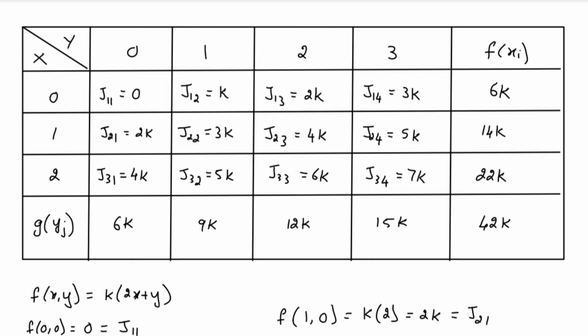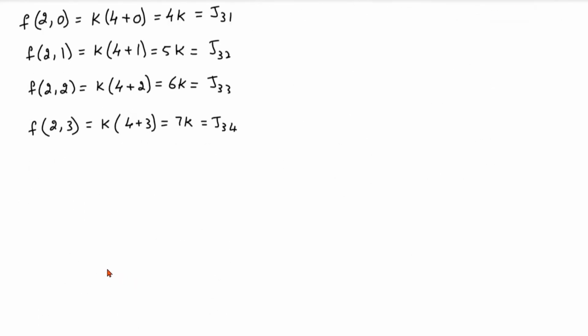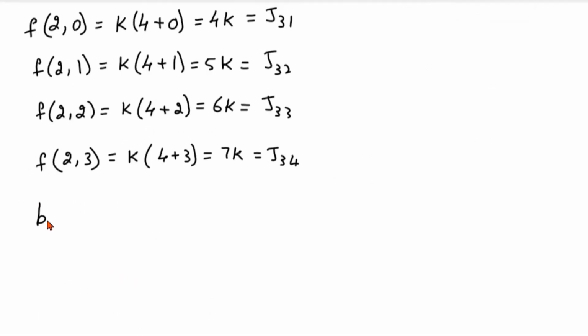But we know that the sum of F of Xi and the sum of G of Yj should always be equal to 1. So if I take this sum over here, we know the value of the sum is equal to 1. So 42K should be equal to 1.